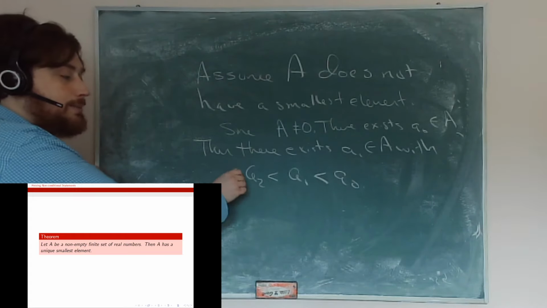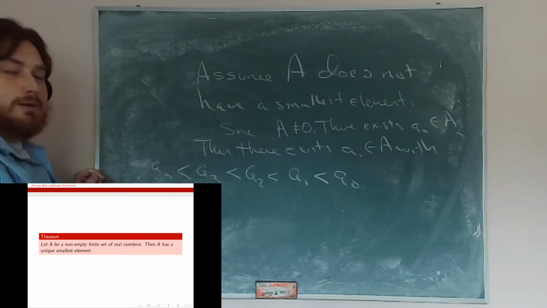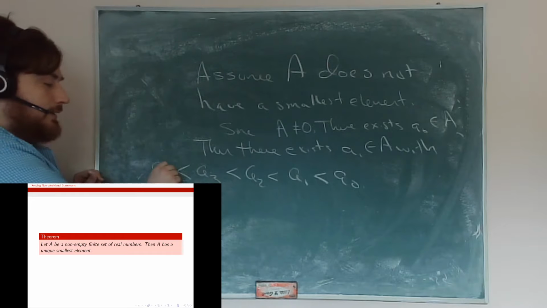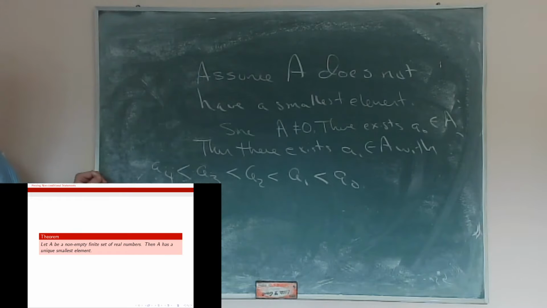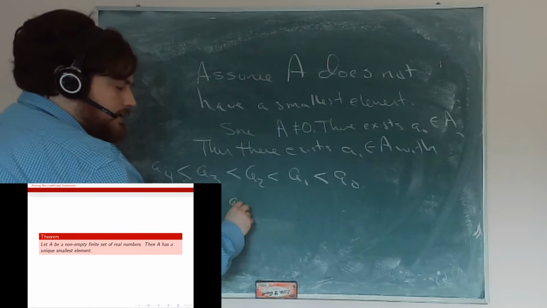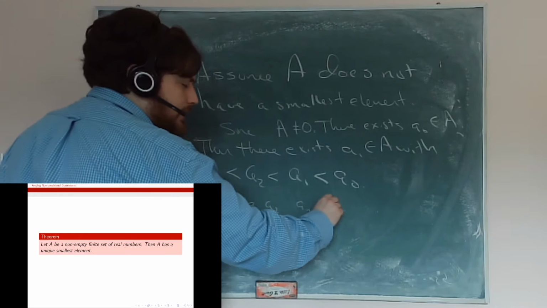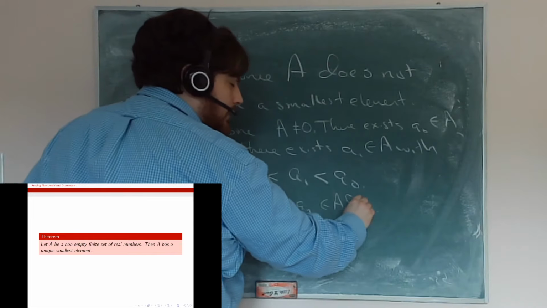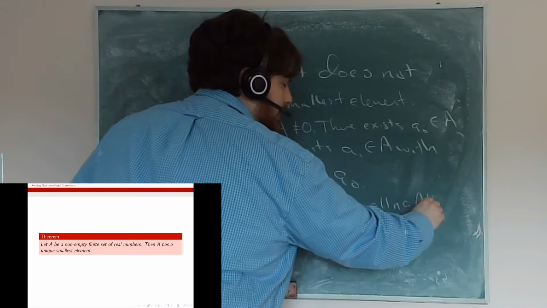But A2 can't be the smallest, so there has to be an A3, and an A4, and an A5, and an A6, and an A dot dot dot. What does that mean? It means that A0, A1, A2, A sub n is in A for all n in the natural numbers.